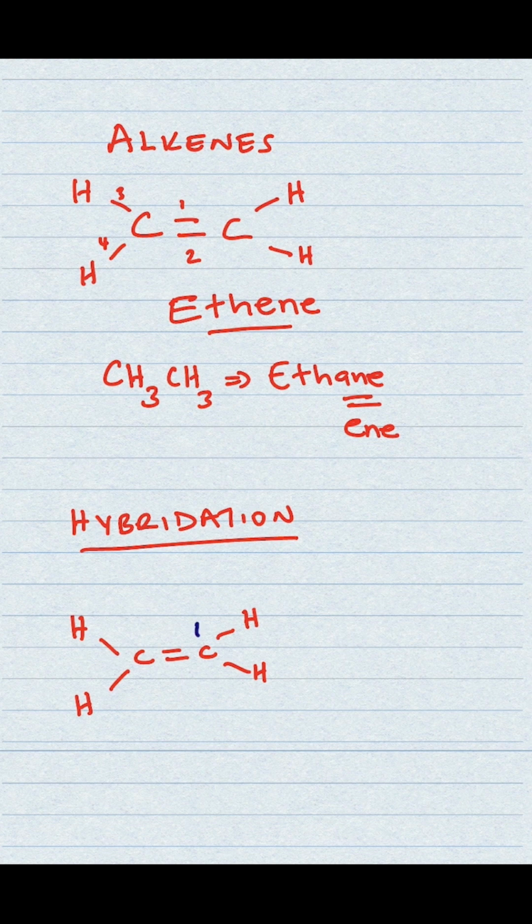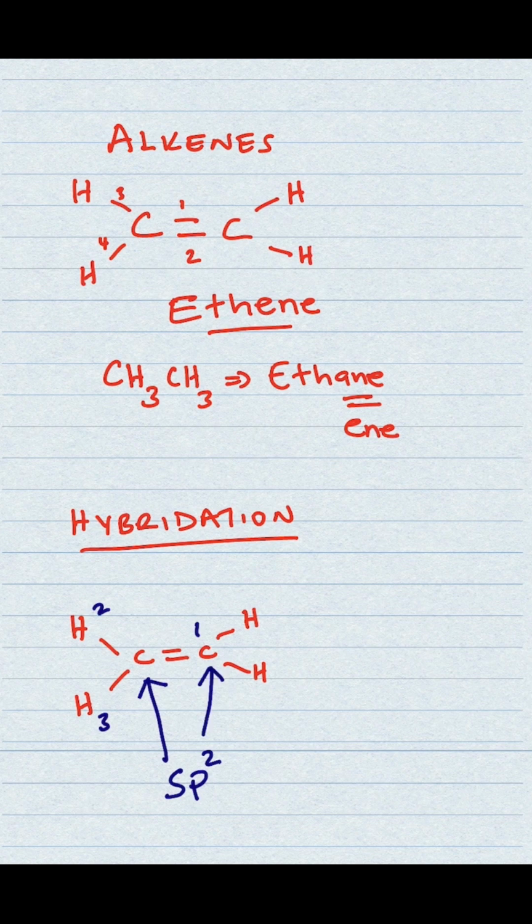So when carbon is bonded to 3 things, that gives what's called sp2 hybrid orbitals. So sp2 hybridized. So actually both carbons, even this other carbon, is sp2 hybridized.